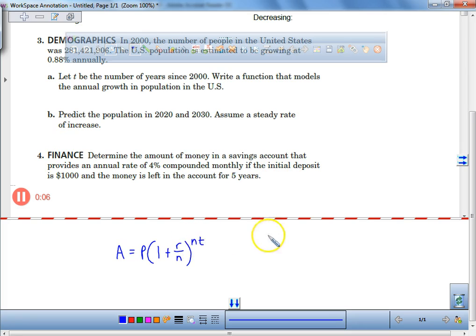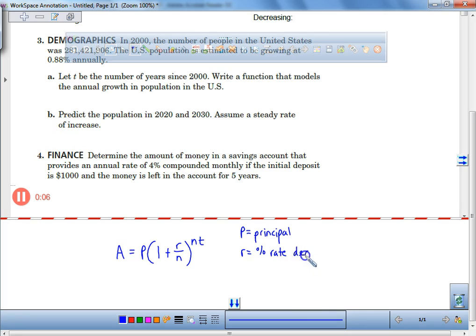That's it, okay? Now, A is the final amount, that's like the final amount that you get. What does P represent, everybody? P represents the principal amount, and the principal amount is the initial amount of investment. R represents the percentage or the rate, but what do we have to make sure we put it as?